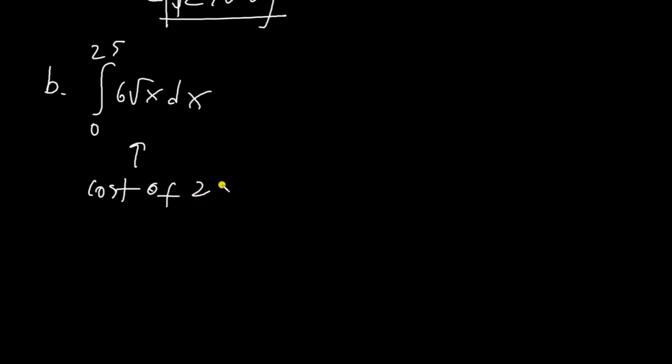We know that if we want to find the cost of a 25-meter cable, that's going to be the integral from 0 to 25 of 6√x dx. That's the cost of 25 meters. And if we want to find the cost of a 30-meter cable, that's going to be the integral from 0 to 30 of 6√x dx, right?